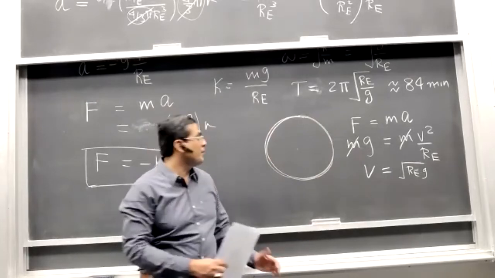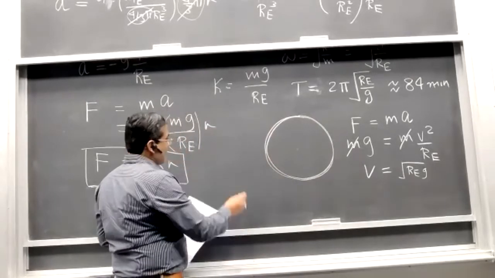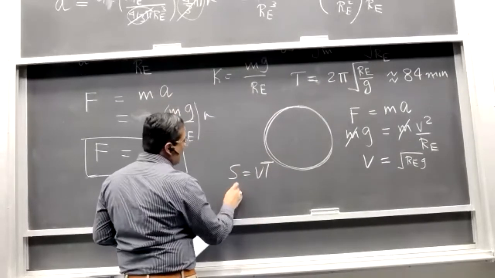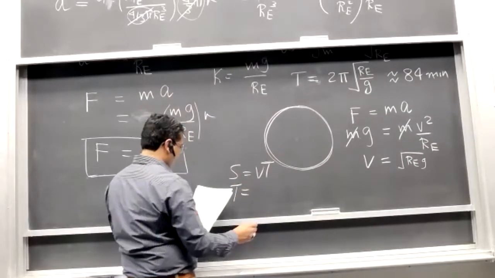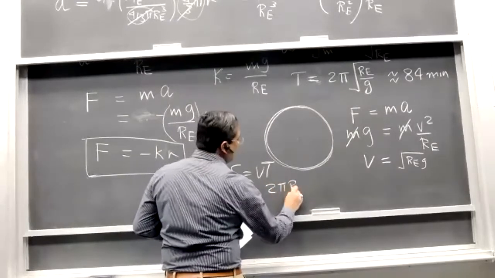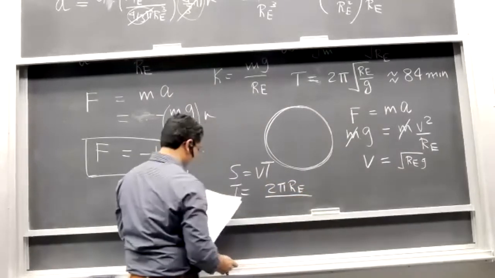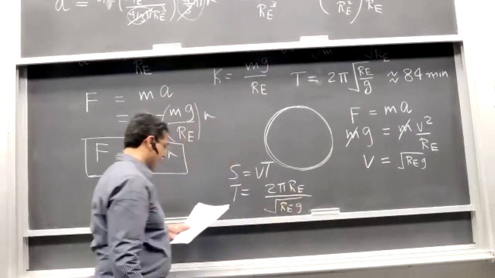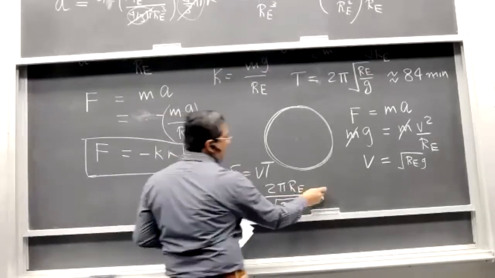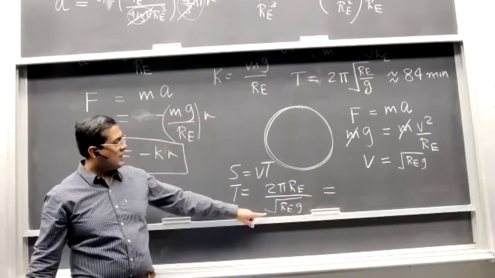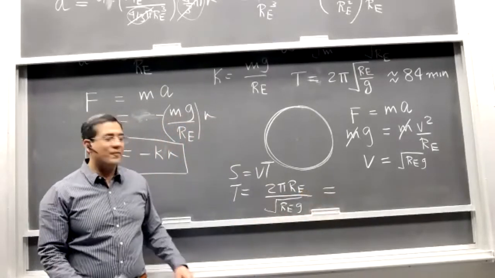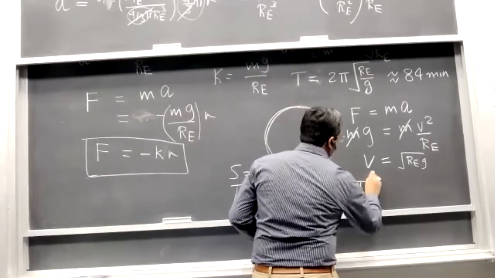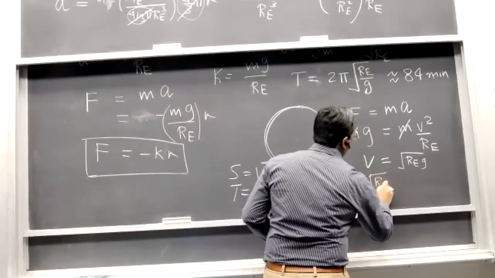So 2 pi R_e over T. s is equal to v t, and t would be 2 pi R_e over square root of R_e g. Simplify: 2 pi square root of R_e over g.